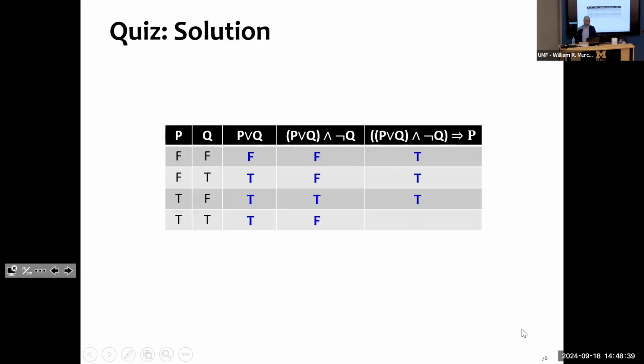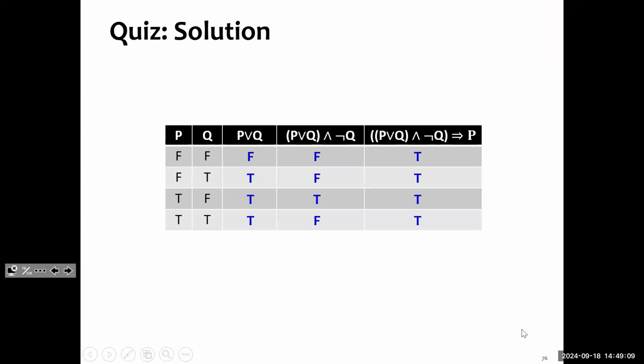So for the last one, let's retake this one. If I have true and true, the OR is giving true. If I have true and not true, means false, so true and false is giving false. Now I have that false. Is it going to imply true? False implies true.